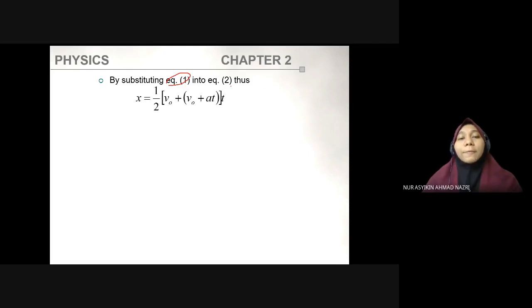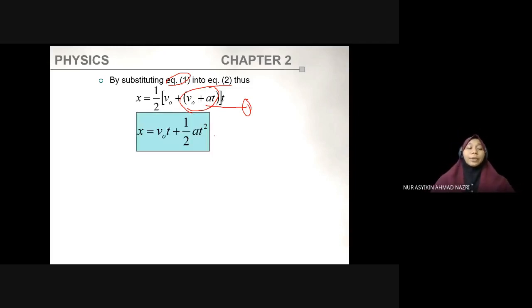Now we substitute it into our second equation, x equals half (V naught plus V) times T. Your final velocity you replace with the expression from our first equation, and now the equation becomes like this.